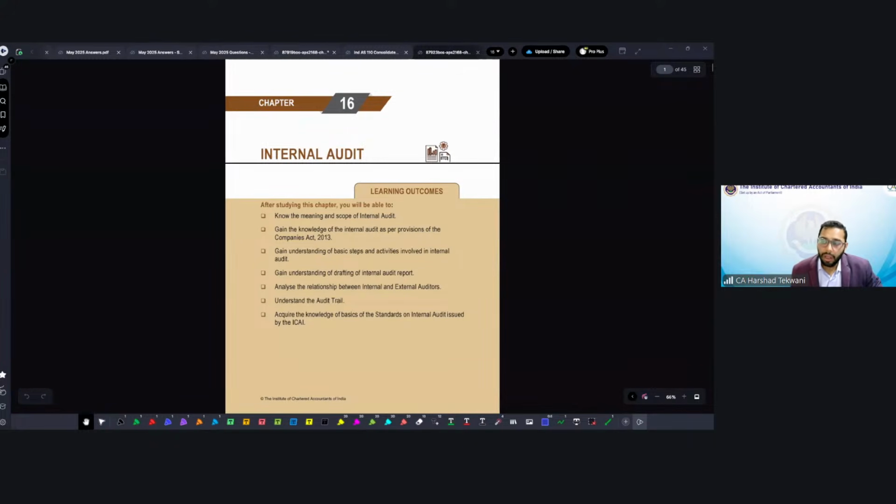And can anyone tell me which is the standard we talk about when we talk about internal audit? If we have to rely upon the work of the internal auditor, which is that standard? SA 610. Yes, sir, SA 610. Very good. Absolutely correct.